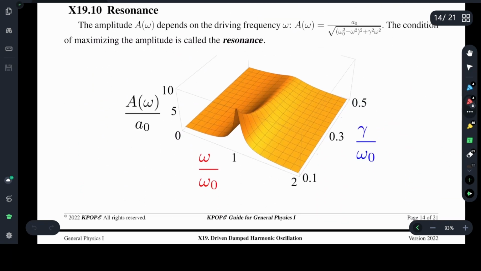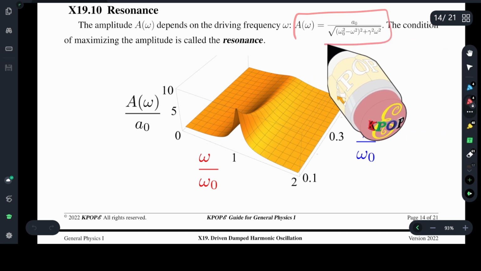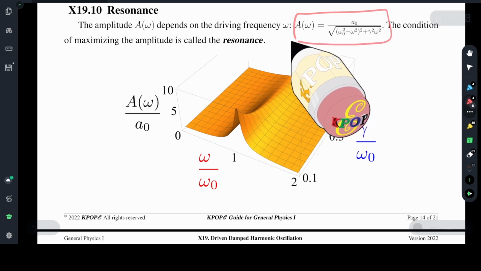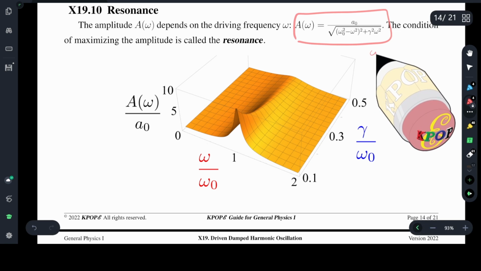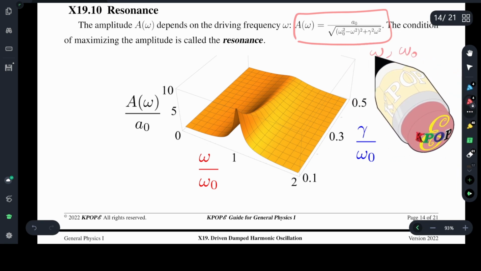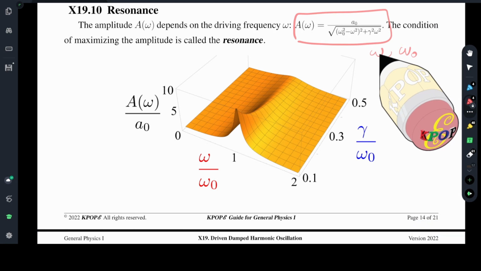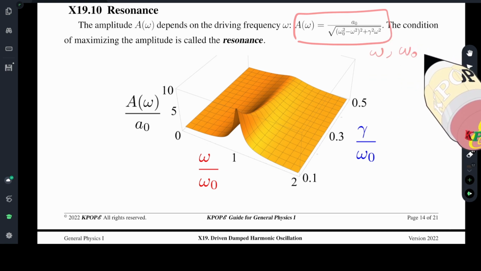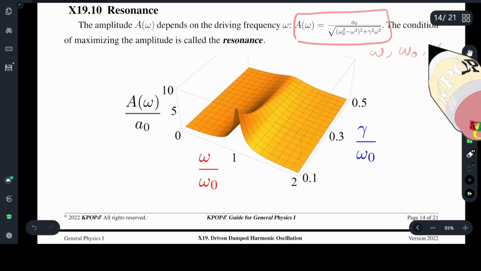Okay, so let us summarize what we have found. The amplitude for the driven damped harmonic oscillator has a functional dependence on omega, that is the driving frequency, omega 0, that is the characteristic frequency of the corresponding simple harmonic oscillator, and the damping factor gamma.